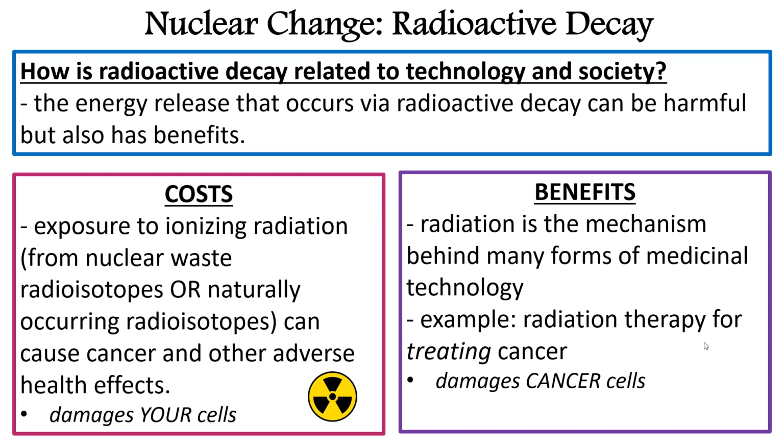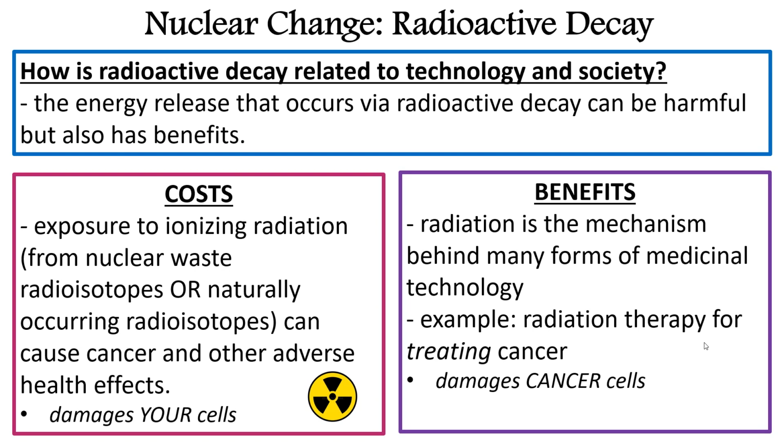Exposure to that ionizing radiation, that higher end stuff from nuclear waste or naturally occurring radioisotopes, can cause cancer and other adverse health effects. But again, it's that ionizing radiation, that high frequency stuff. And it's because that radiation is able to penetrate through your skin, through organs, into cells, and it damages your cells and damages your DNA.